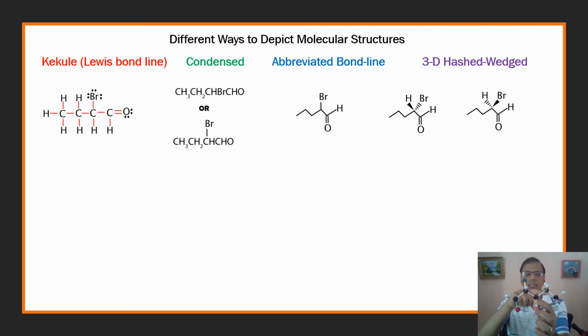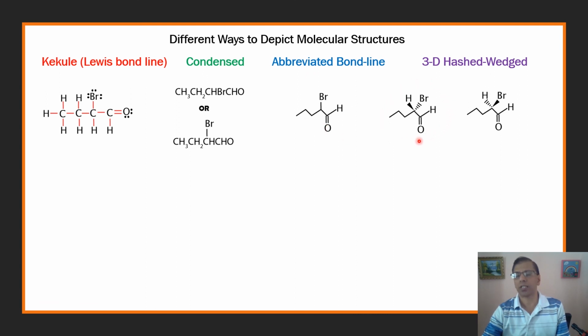So carbon atoms are arranged in a zigzag in a molecule, and that's the reason when you write the abbreviated bond line structure, the carbon skeleton is written in a zigzag format. The hydrogen atoms on the carbon are not shown. So this is the abbreviated bond line structure.